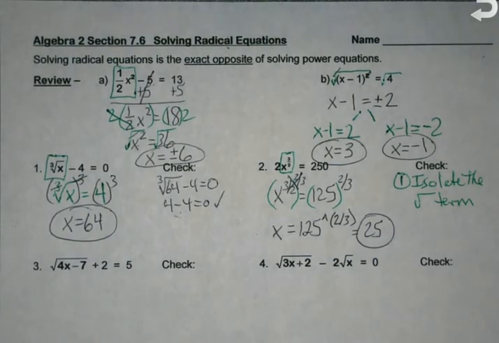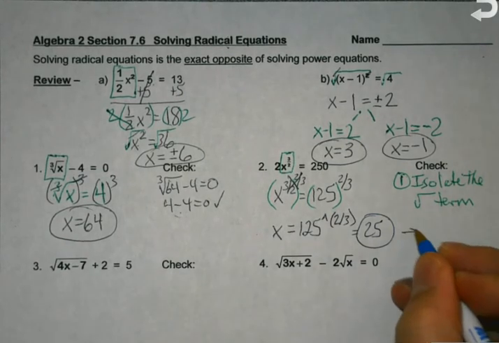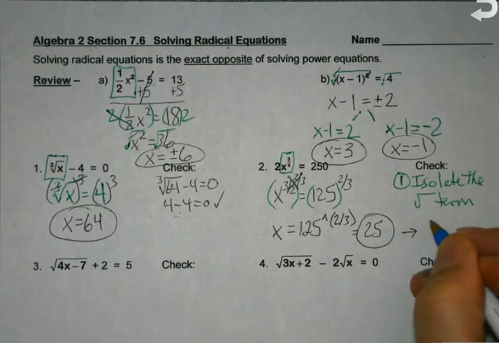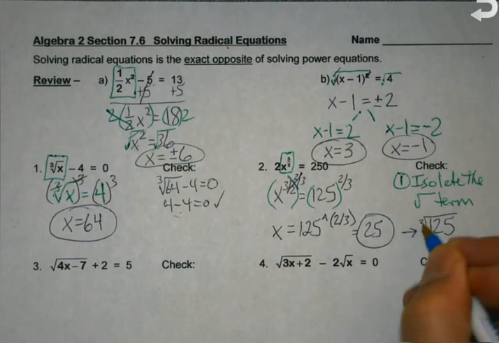Well, what if I don't have a calculator available? What if I'm waiting for somebody or somewhere where I don't have one of these fancy calculators? What do? Perfect, okay? We could take this 125 to the 2/3 and say, you know what? I remember how to get this into radical form.